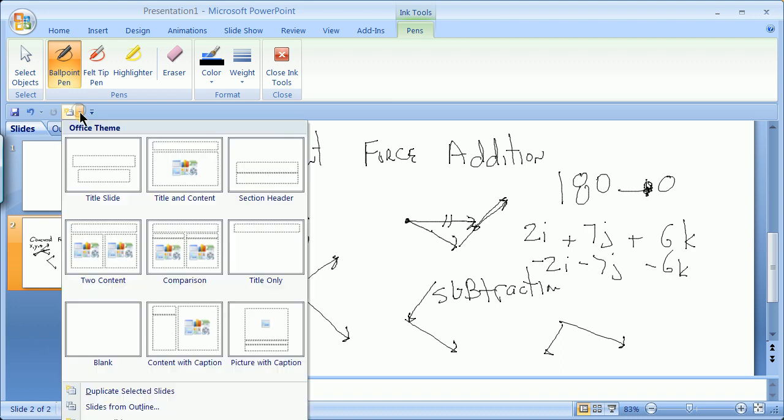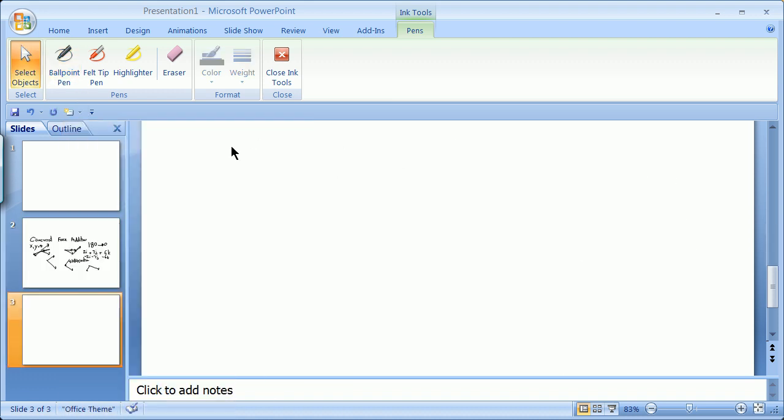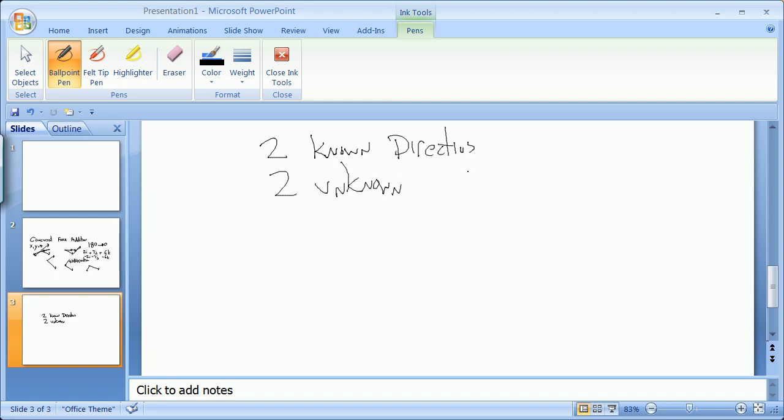I'm going to go down to the next slide, and we're going to now talk about not just concurrent force addition, but concurrent force problems, where generally the most common form is two known directions, two unknown magnitudes, and then a collection of knowns.